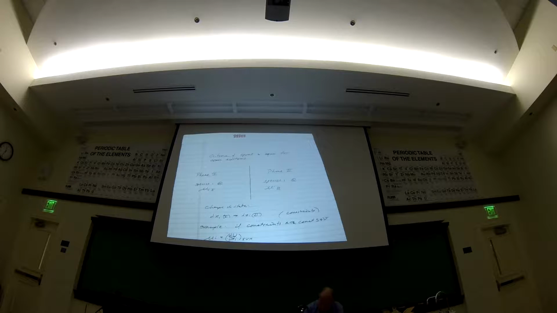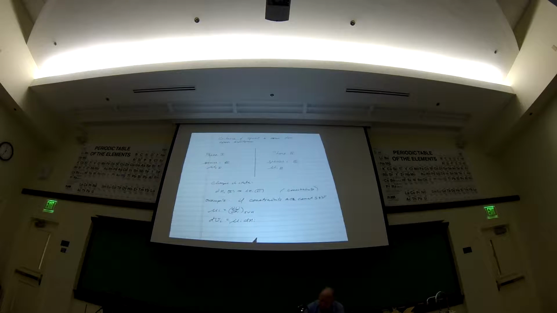So mu i in phase 1 gives dU i for species i in phase 1, and you write it like that. And dU i in phase 2.